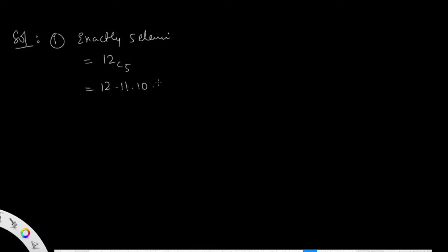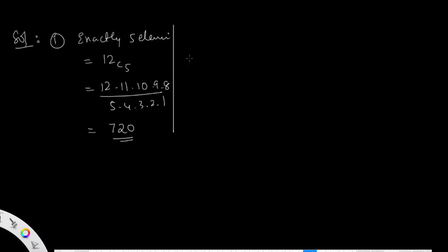For the first question solution, exactly 5 elements is equal to 12C5, which is 12 into 11 into 10 into 9 into 8 divided by 5 into 4 into 3 into 2 into 1. After cancellation we get 792 ways.